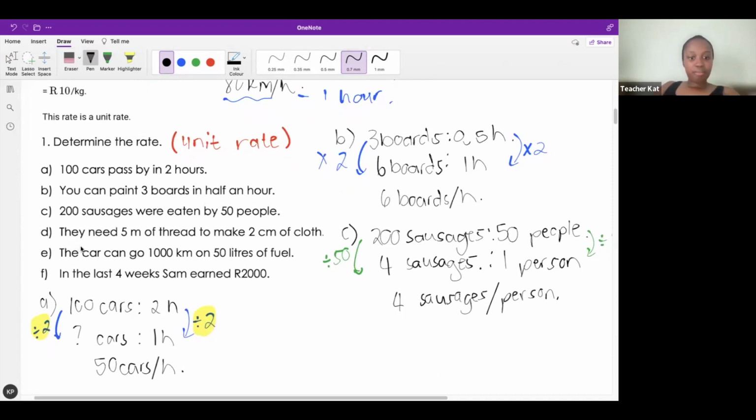Right. They need 5 meters of thread to make 2 centimeters of cloth. Okay. Number D. I'm just going to do number D, then we can move on. I'm actually going to write what they are, otherwise we're all confused and we don't know what we need.